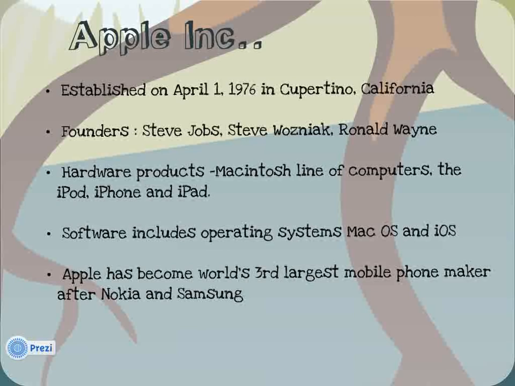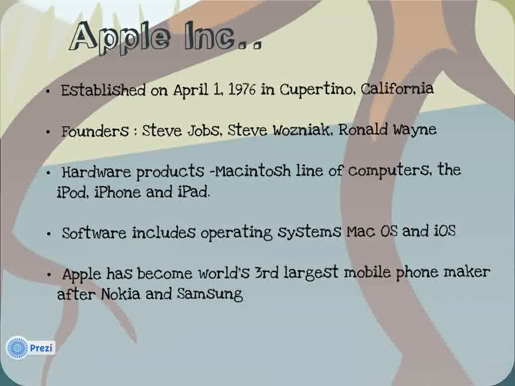The smaller device, just like a phone, is called iPod, and the bigger one is called iPad. Software products include iOS, which we are discussing, and Mac OS, which is used in Mac systems and Mac laptops. And Apple has become the third largest mobile phone maker after Nokia and Samsung.